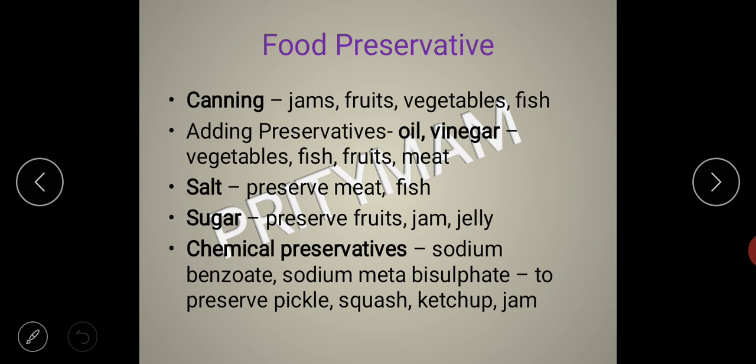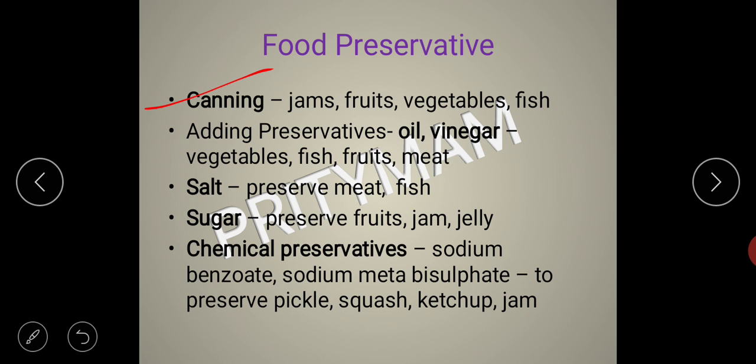The next preservation method is the canning process. Students, I have already told you that microbes need air, oxygen, to grow and to multiply. So storing food in airtight cans helps it to stay unspoiled for a long time.